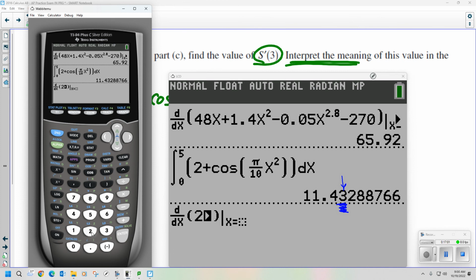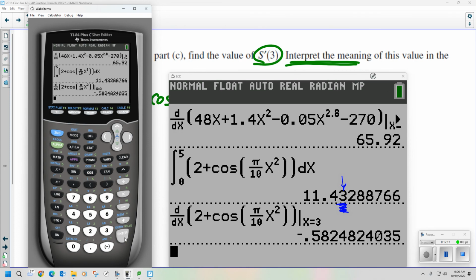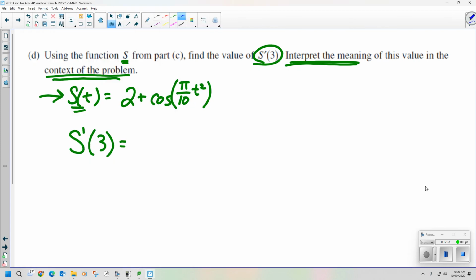X variable, 2 plus cosine of pi over 10 times x squared, where x is 3. Negative 0.582. Okay, negative 0.582. I know last time I rounded to the hundredths, now I'm rounding to the thousandths.